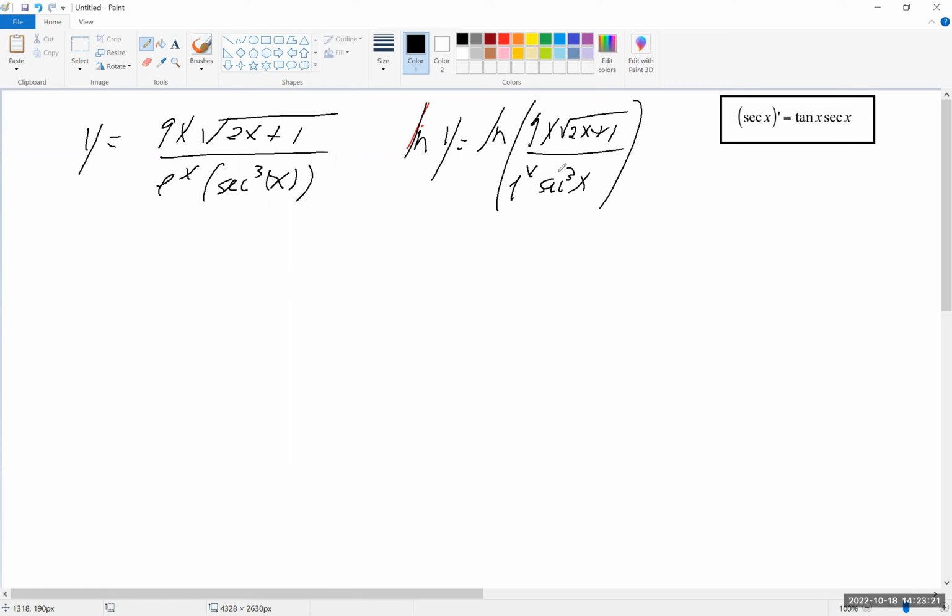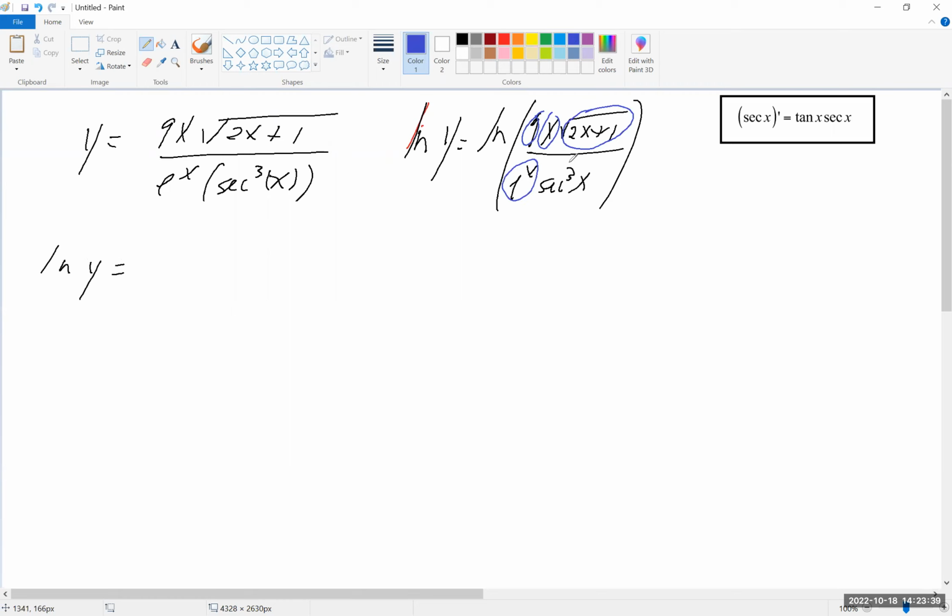Okay, so when I do that, the left side, there's nothing to it, you leave it. But the top, notice that it's a product of three things.